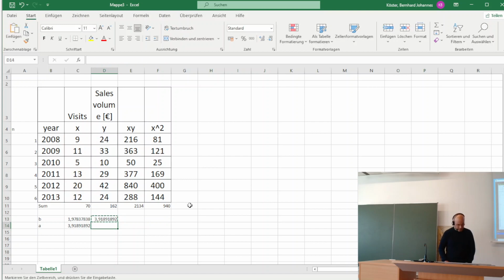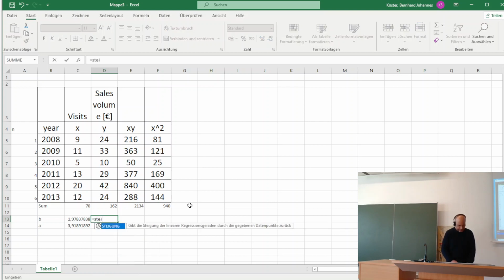So this was A, sorry. And B is the slope. In German, the formula is Steigung, and also the y data and the x data.